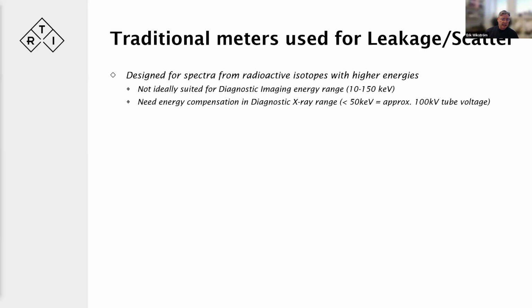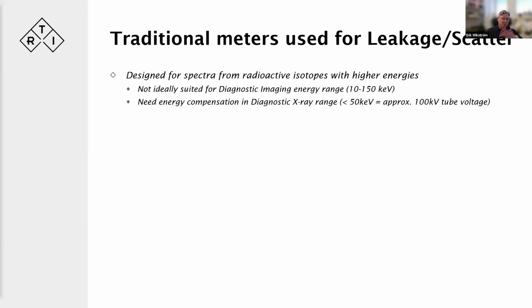So they would need energy compensation for that energy range, or specifically for the energies below 50 keV, which is the mean energy generated by a typical 100 kV setting on an X-ray machine.